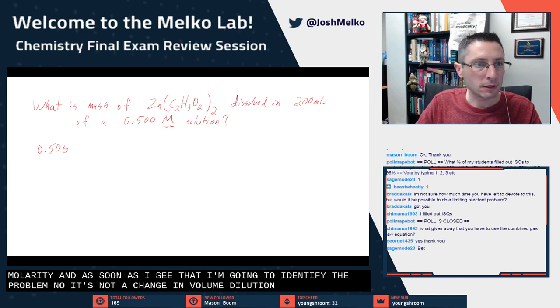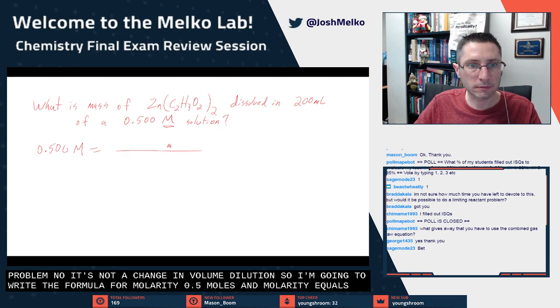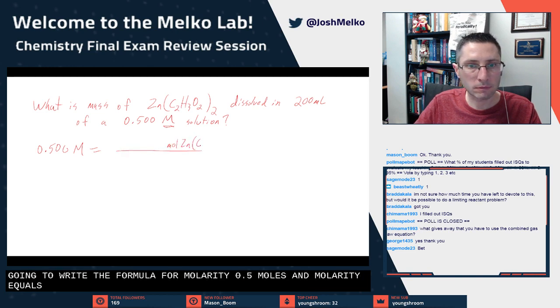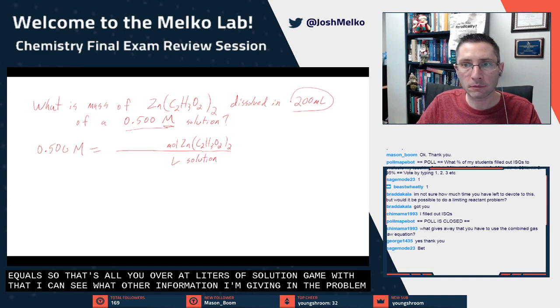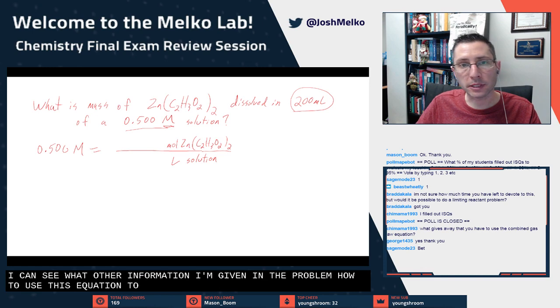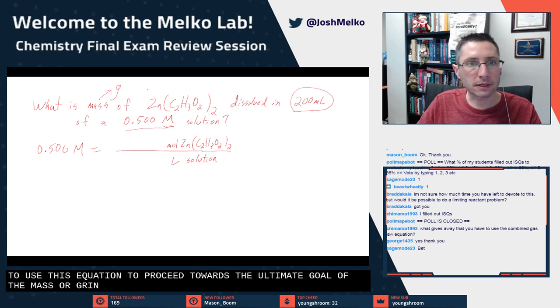So I'm going to write the formula for molarity: molarity equals moles of solute over liters of solution. With that, I can see what other information I'm given, to proceed towards the ultimate goal of the mass or grams of zinc acetate.